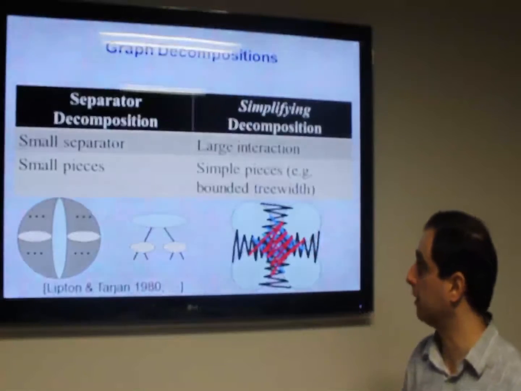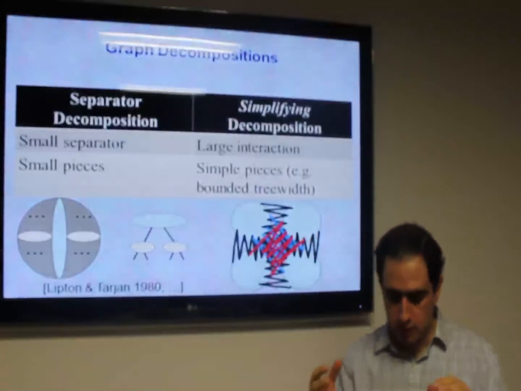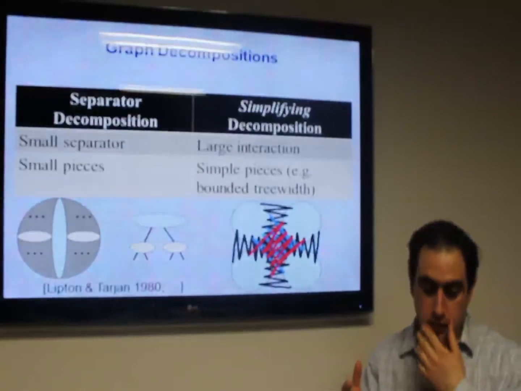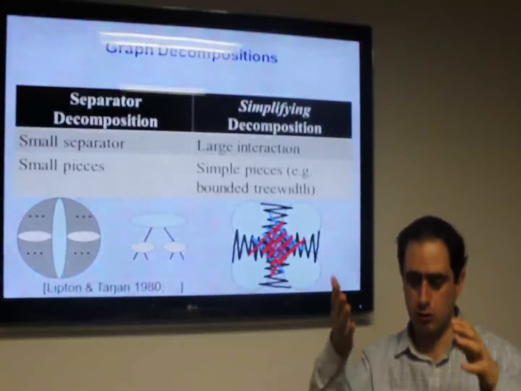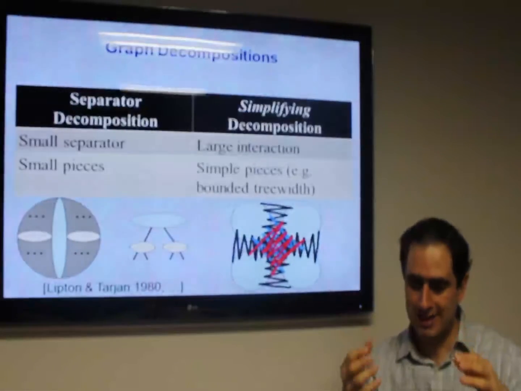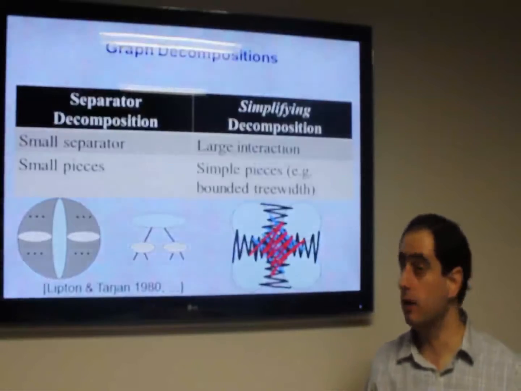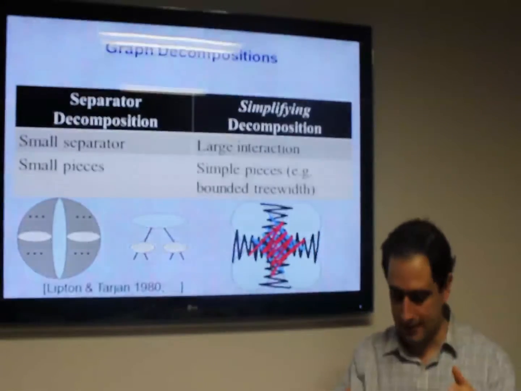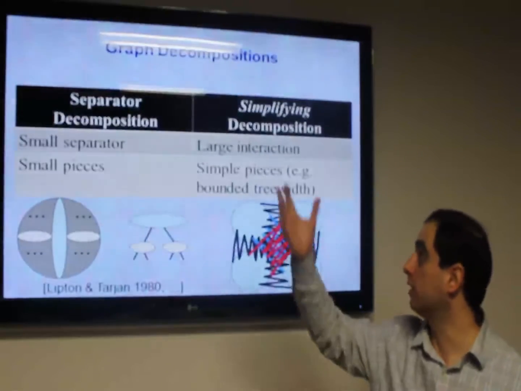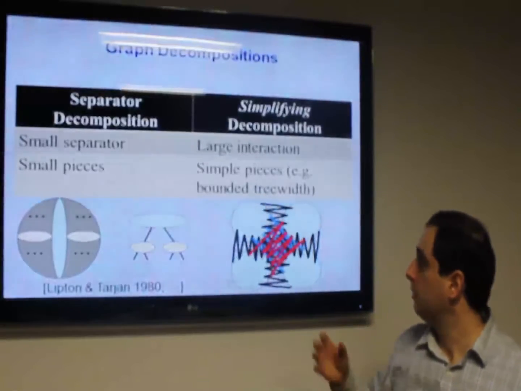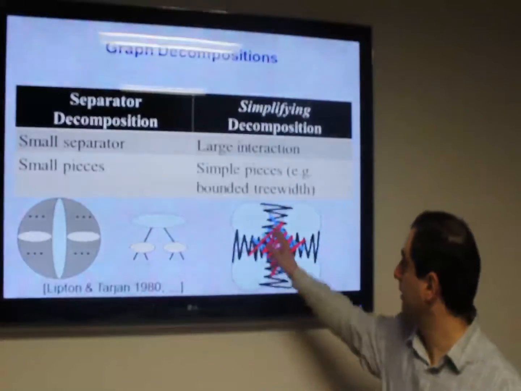called simplifying decomposition. Here we don't try, at least not necessarily, to cut the graph into small pieces. However, we try to cut the graph, and the cut can be quite large, but we want to get pieces like here.